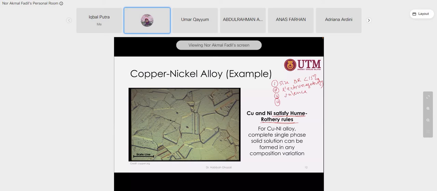And the crystal structure, either FCC or BCC. For copper nickel, both have FCC. The size is almost the same. The electronegativity is almost the same, about 1.9. The valence is similar, +2. So that's the reason this kind of combination can produce complete solubility.